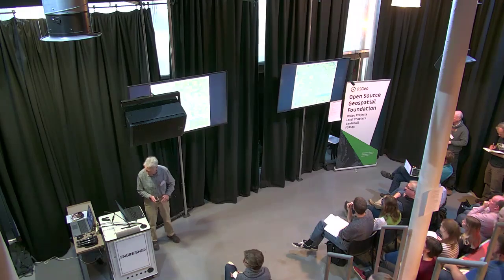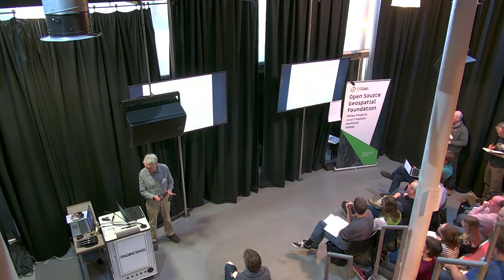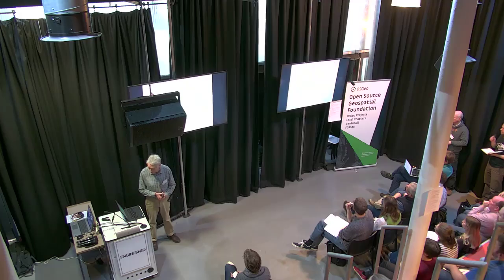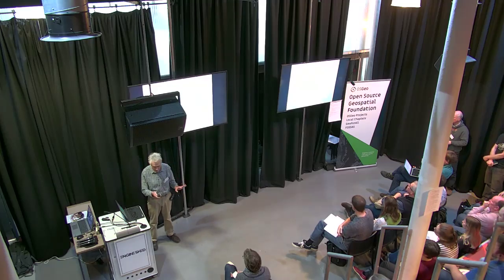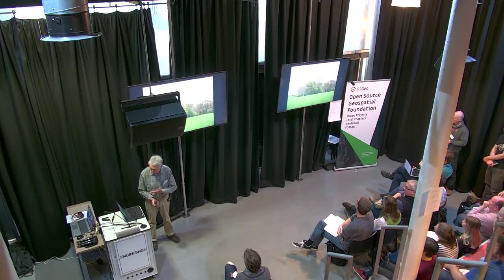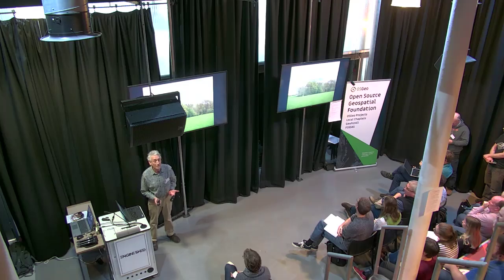Just homing in on one particular compartment, on the tithe map it's actually called coppice pasture. So it's a mixture of trees and pasture. Again, we're talking about 1840. And there is that actual wood as it is now.